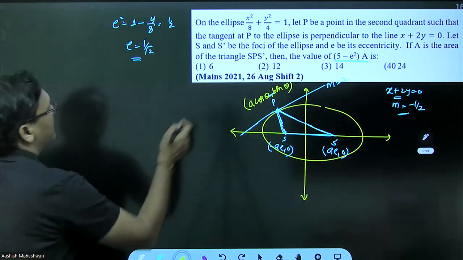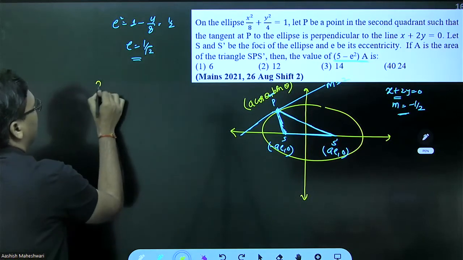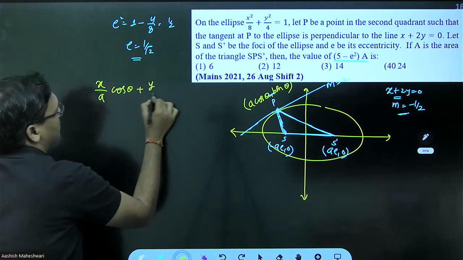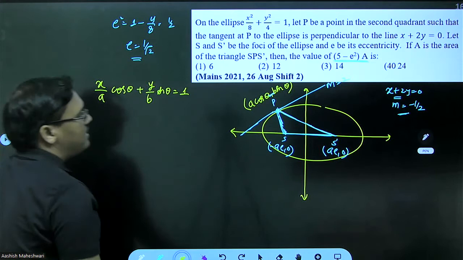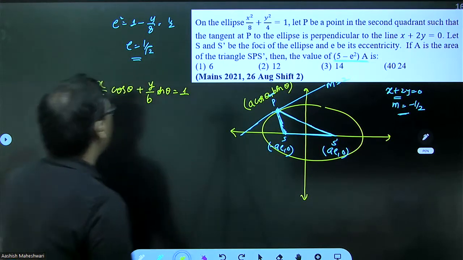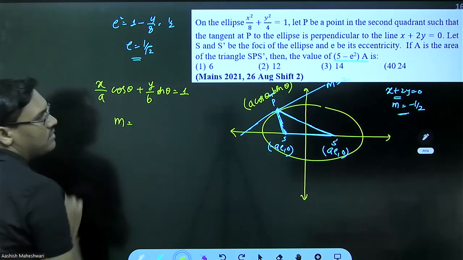Now, what is the equation of tangent at any point A cos theta comma B sin theta on this ellipse? X upon A cos theta plus Y upon B sin theta is equal to 1. This is the equation of tangent at any point on the ellipse. Now see, what is the slope of this?